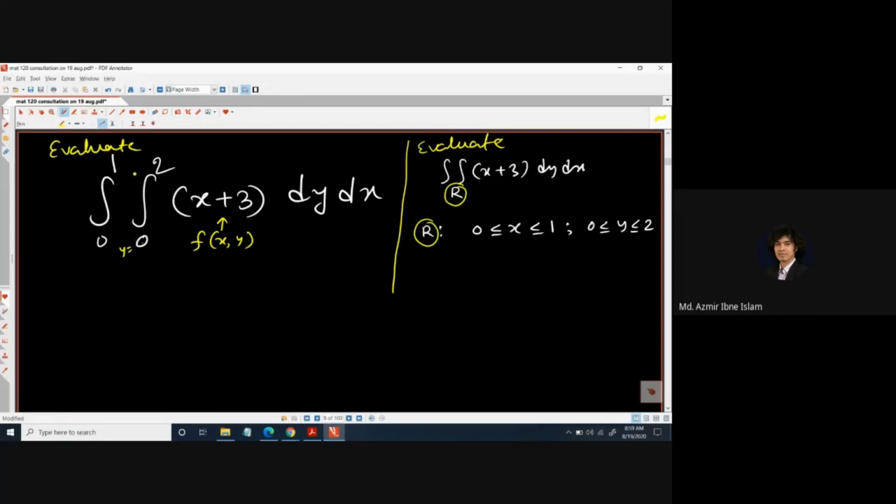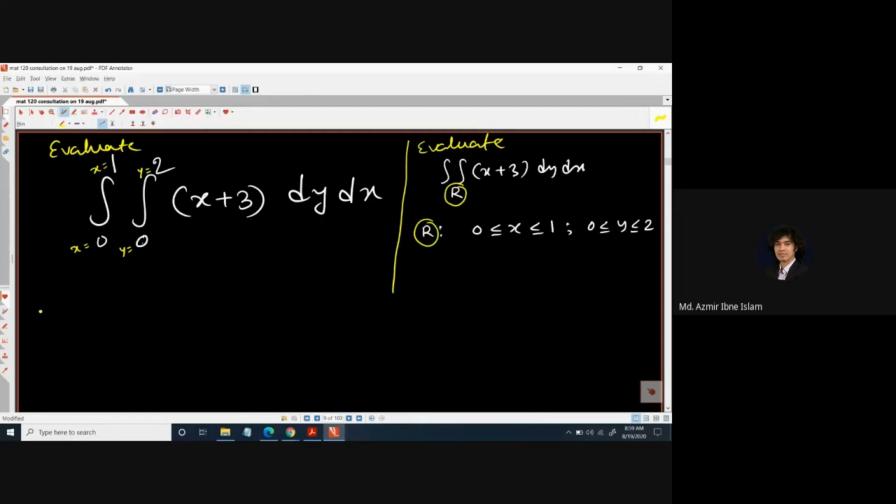It will be y equal to 0, y equal to 2, and for x, x equal to 0, x equal to 1. So if we have to evaluate this double integral, we can integrate partially. That's why it is called partial integration also. Multiple integrals are also called partial integration.